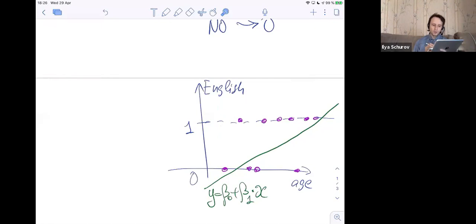Our model predicts that for a person with this age, let me put some numbers just to be able to speak about numbers.